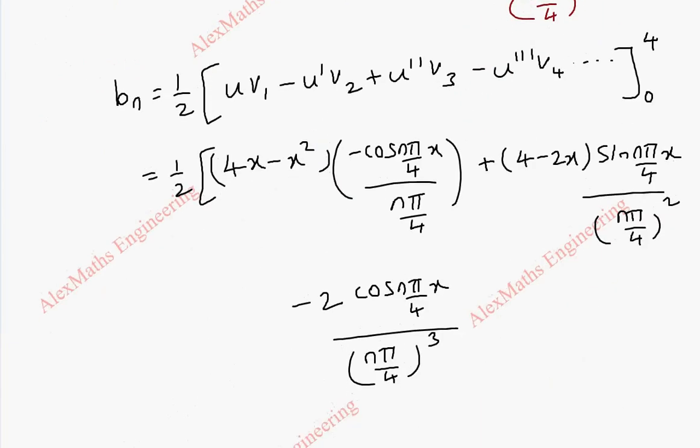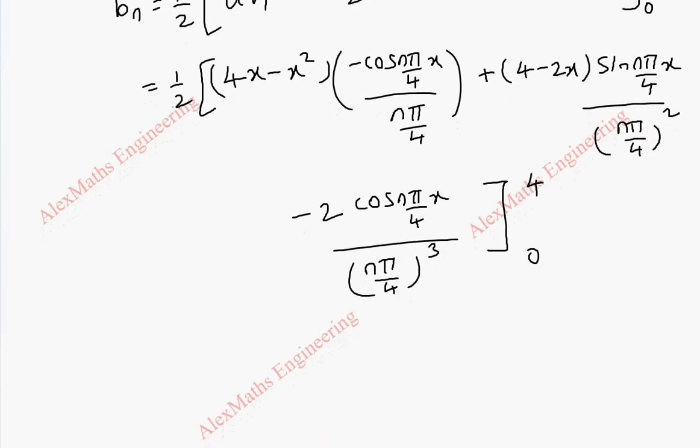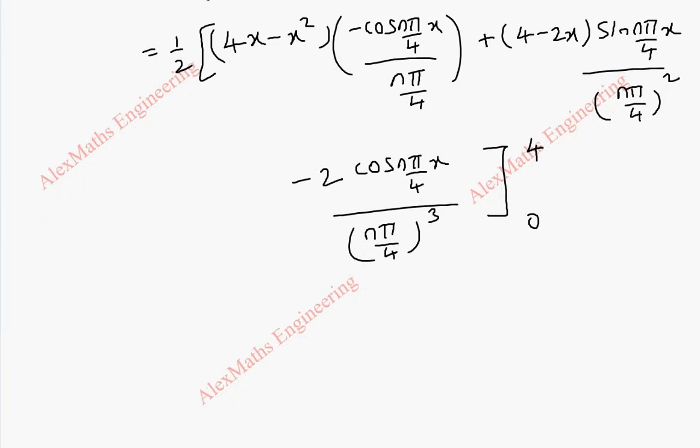Then after that we are going to apply the limit, which is 0 to 4. Now using the upper limit 4, the first term will become 16 minus 16, which is 0. So this is 1 by 2 into 0. When using the upper limit 4 here, we get sine n pi, that is also 0. And the last term will be minus 2 into, when I put 4 here, we get cos n pi.